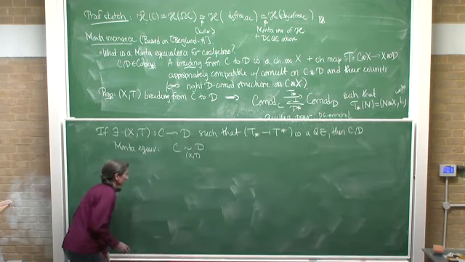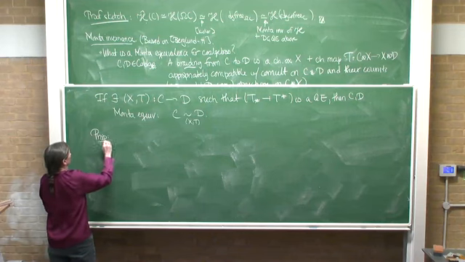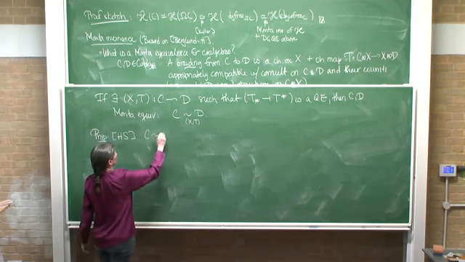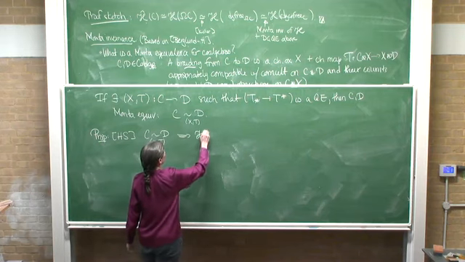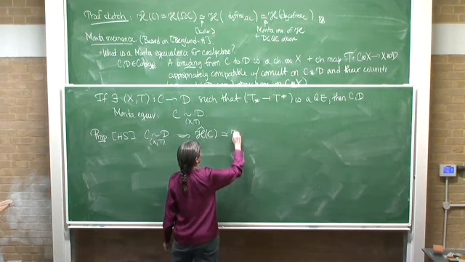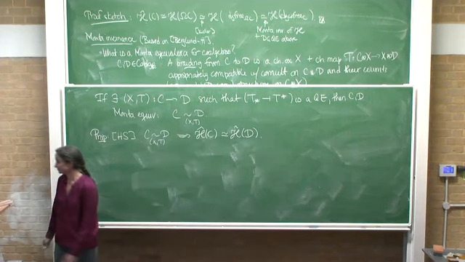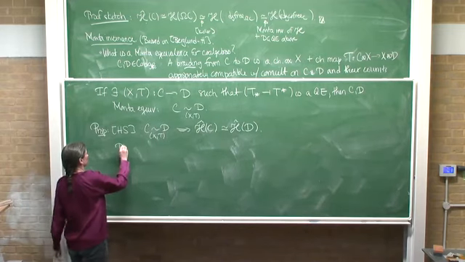So, and it turns out that if C and D are Morita equivalent, then their coHochschild homologies are equivalent. So this actually uses the proof.